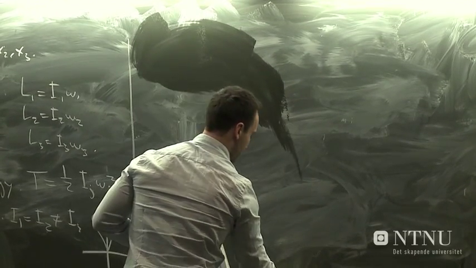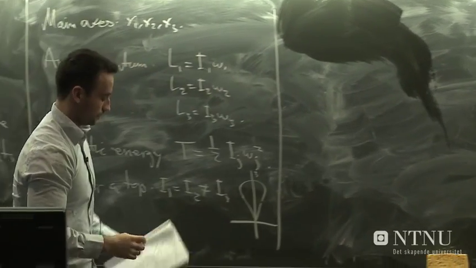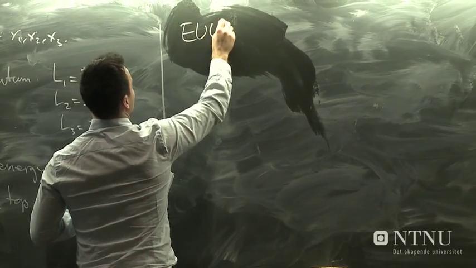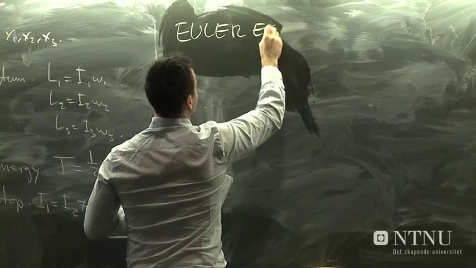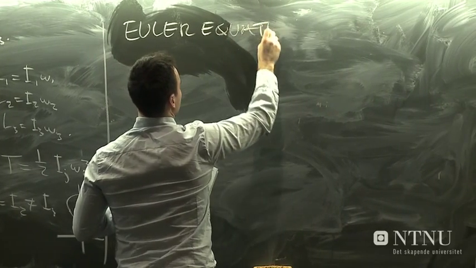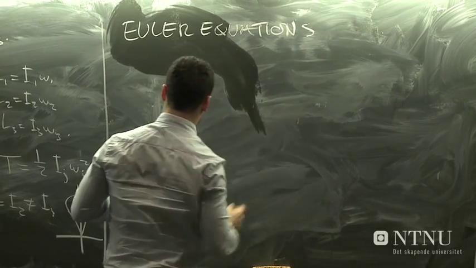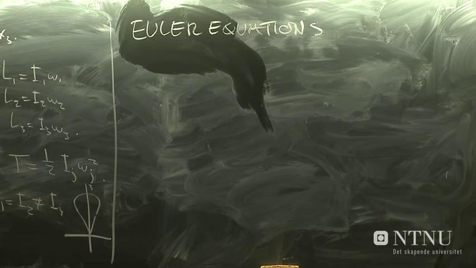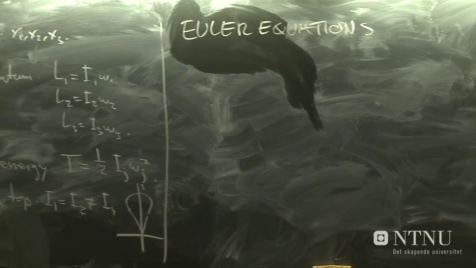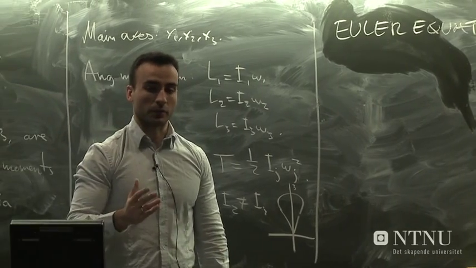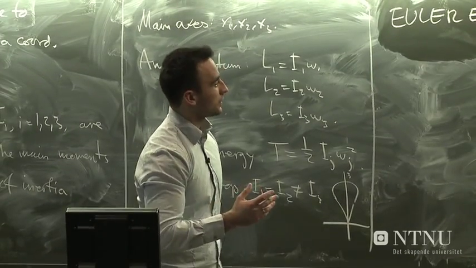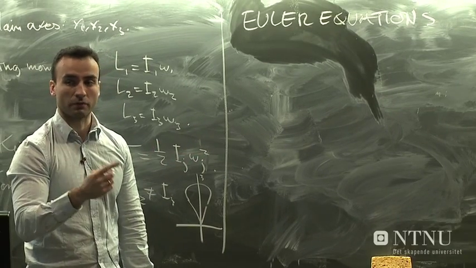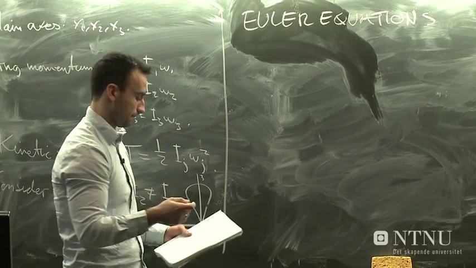I think before we take the example, I'll derive one thing, namely the Euler Equations. The Euler Equations we have encountered before, for instance, related to this brachistochrone problem, if you recall. So what we'll do now is to derive these Euler Equations in the context of rotation.